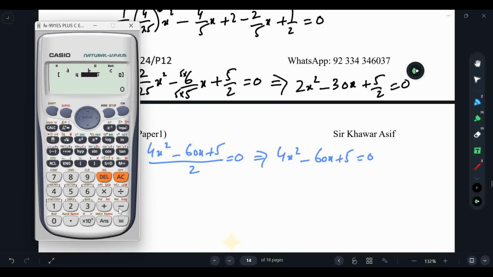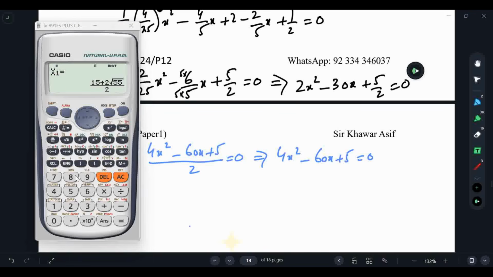So 4x square minus 60x plus 5. We will have two answers. The first one is 14.9 and the other one will be 0.083.